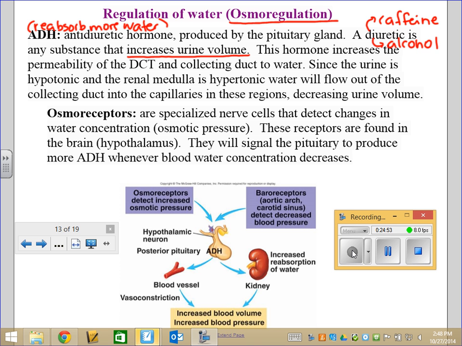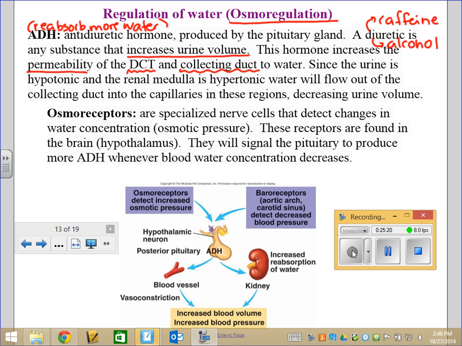The way that it does this specifically is that it increases the permeability of the DCT. On those pictures we just made, that's the distal convoluted tubule, the segment that comes between the loop of Henle and the collecting duct. It also increases the permeability of the collecting duct to water.